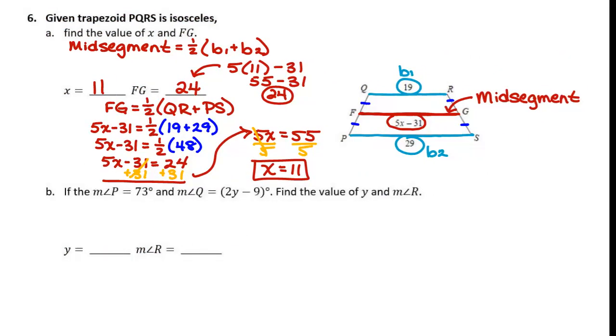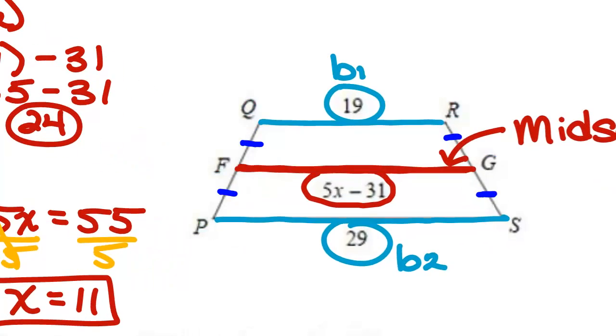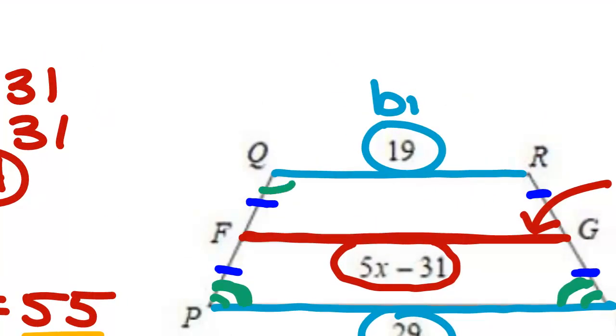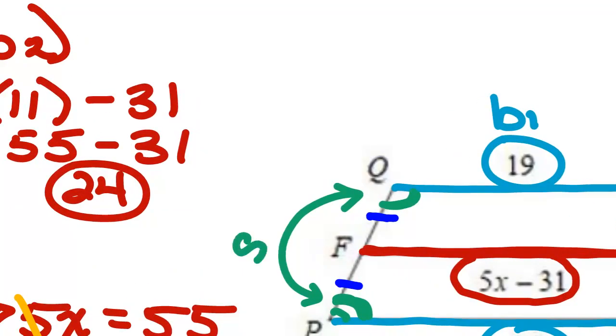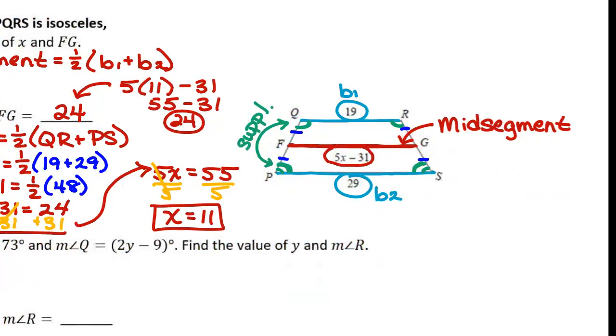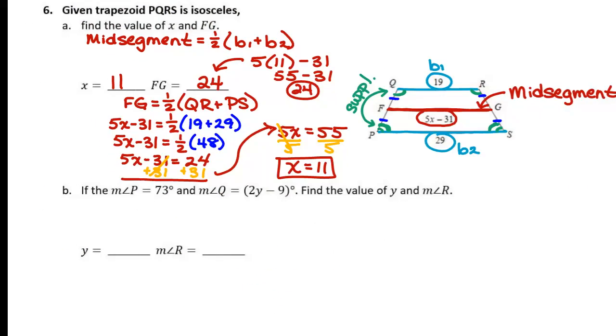And then part B is talking about angles on an isosceles trapezoid. My base angles are congruent, so that means P and S are congruent to each other, and Q and R are congruent to each other. And then same side angles, so Q and P, are supplementary. R and S would also be supplementary.